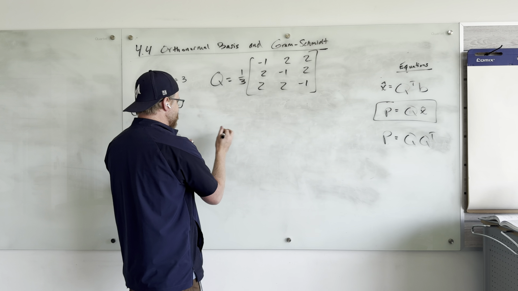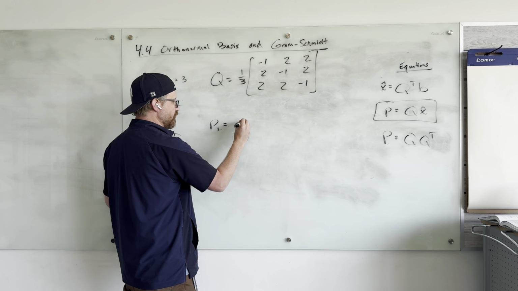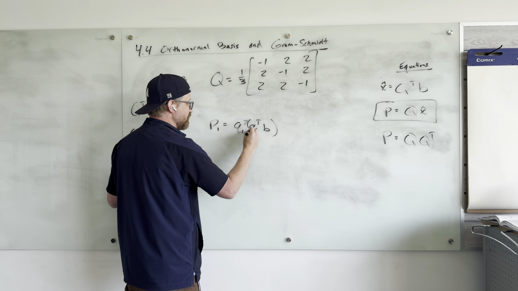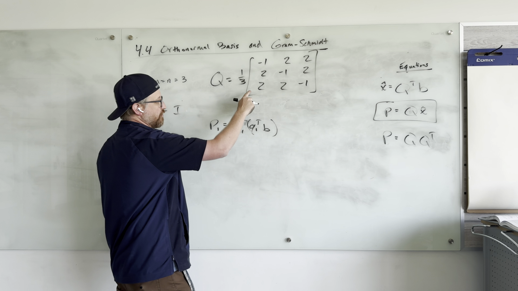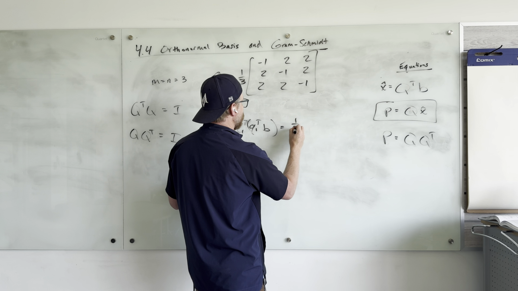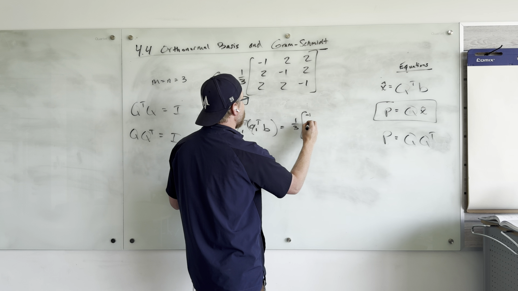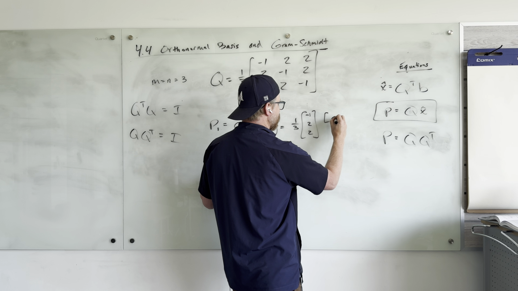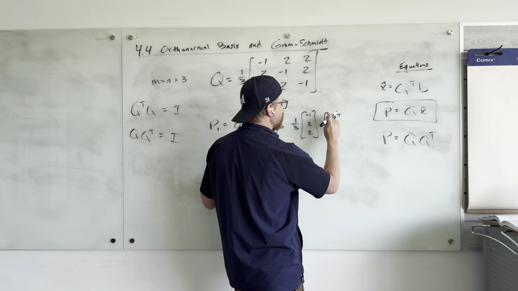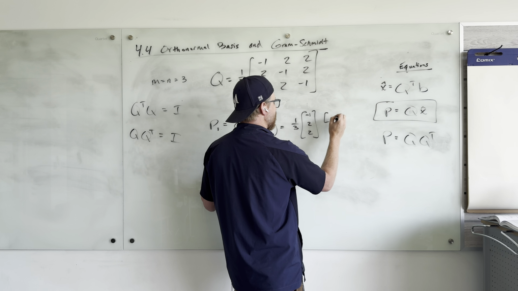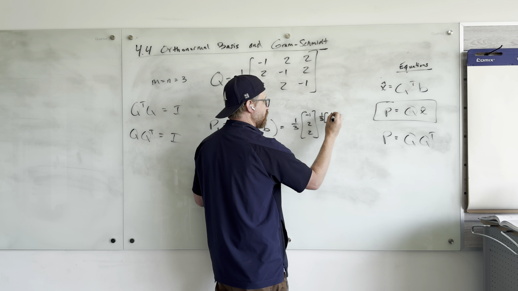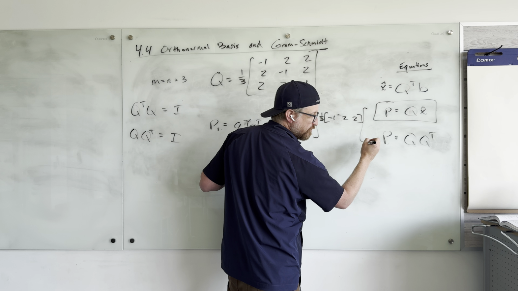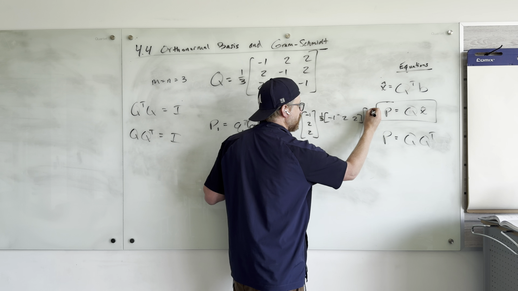So to find the first piece, P1, P1 is equal to Q1 transpose times b. And so Q1 is 1/3 of this vector, -1, 2, 2. And then my Q1 transpose b: again, I've got another 1/3, -1, 2, 2, with b, which is 1, 0, 0. 0, 0, 1.